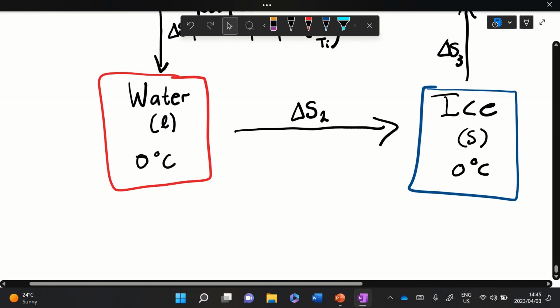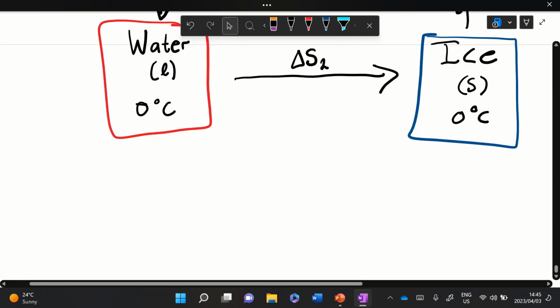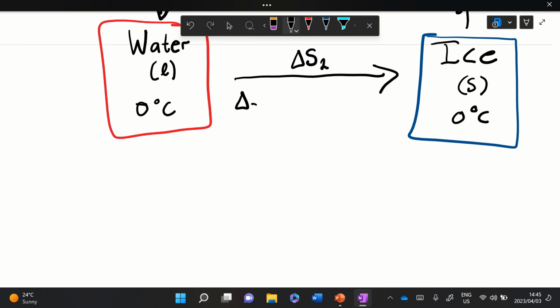This second one, however, is a phase change, so we need to use equation 3.15. We're going from liquid water to solid ice. You get the picture. So we're looking at the entropy of fusion, which is equal to the enthalpy of fusion divided by the melting temperature, which is of course 0 degrees Celsius, at which that takes place.